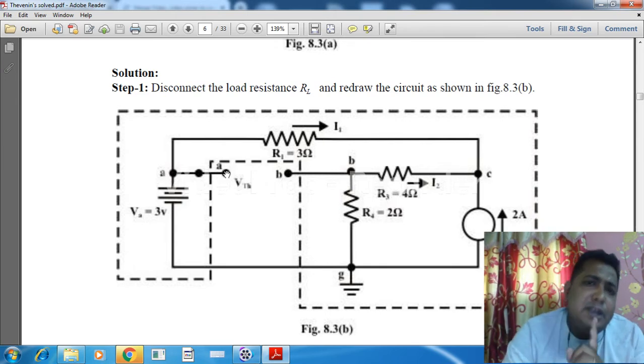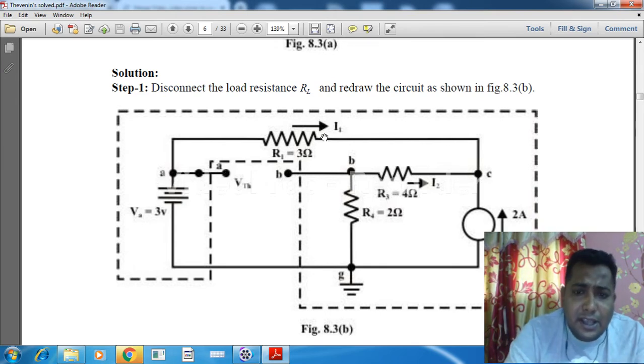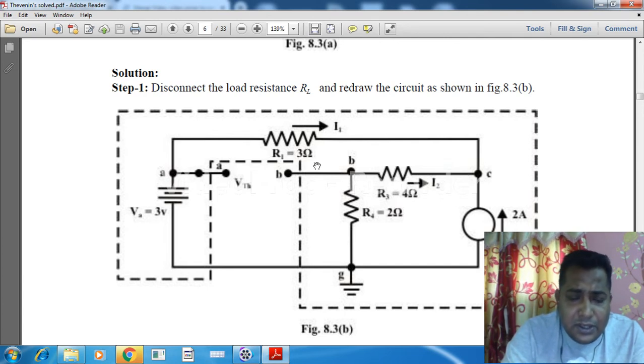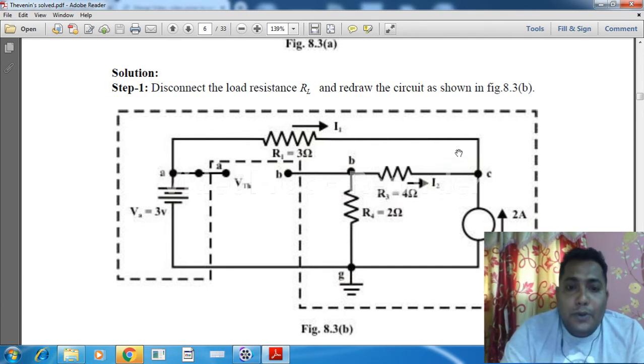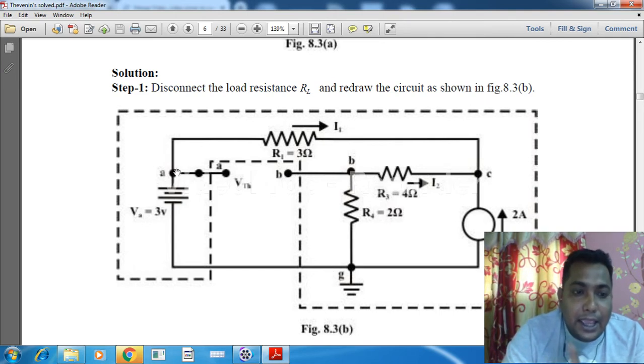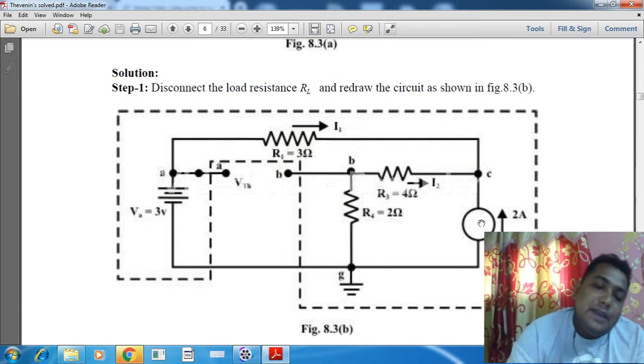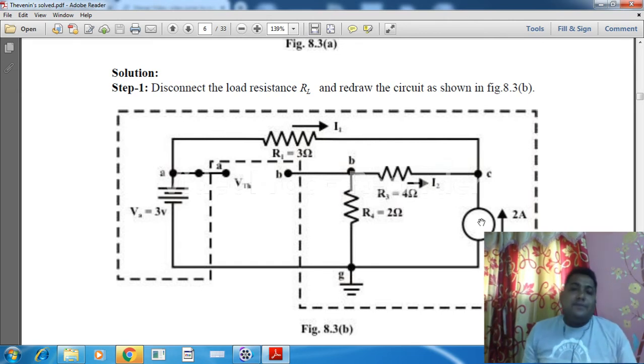Just follow my pointer, it will be easier to understand. This R1 resistor is connected between the A and C points. Whatever the voltage at node A is, the voltage is this 3 volts. At node C, as we have a current source, we cannot say what the voltage is, so we assume there is a Vc voltage, correct?